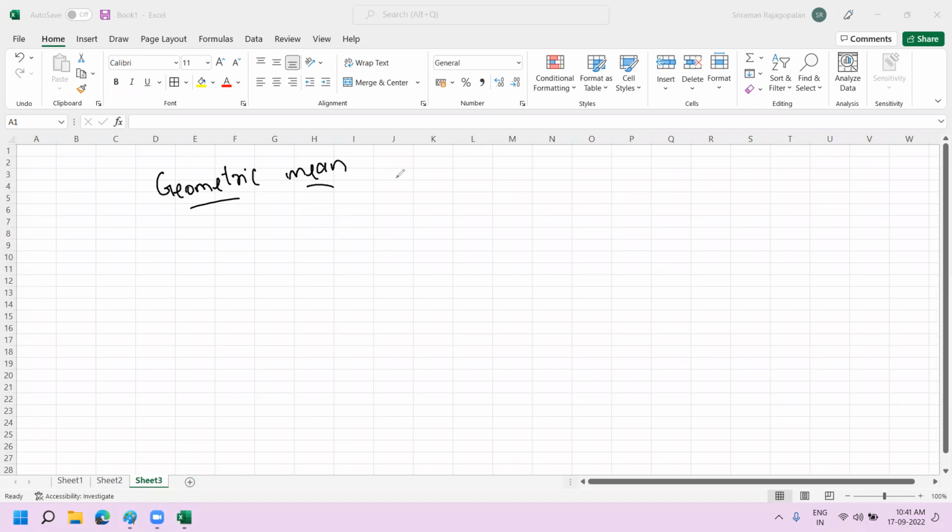So geometric mean is used in situations where there is a lot of fluctuation in the data. For example, let us say that you are investing some money in a bank and you are getting simple interest. So in the first year, you invest some money.